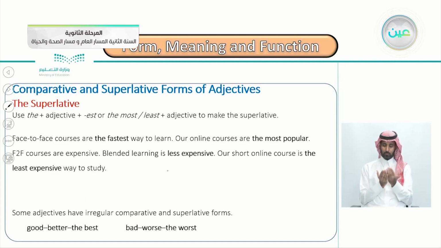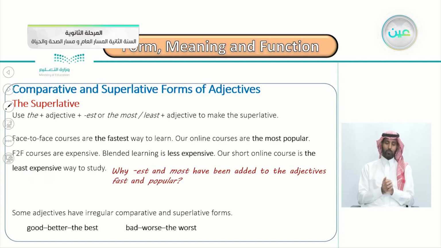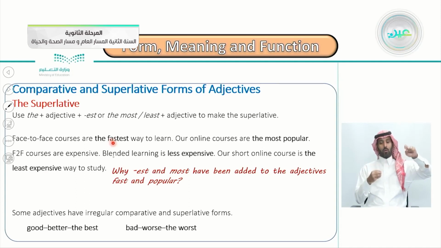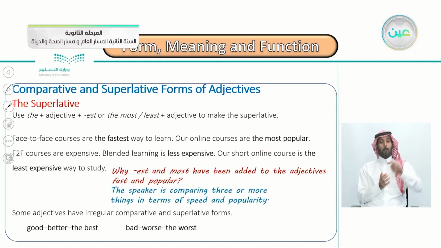Why have est and most been added to the adjectives fast and popular? The adjective fast, we added est, and the adjective popular, we added the word most. Again, the speaker is comparing three or more things in terms of speed and popularity.